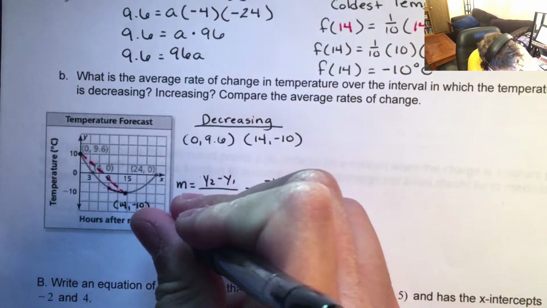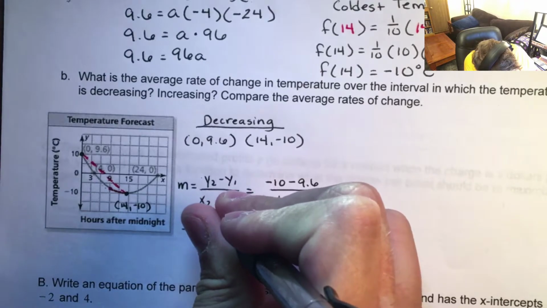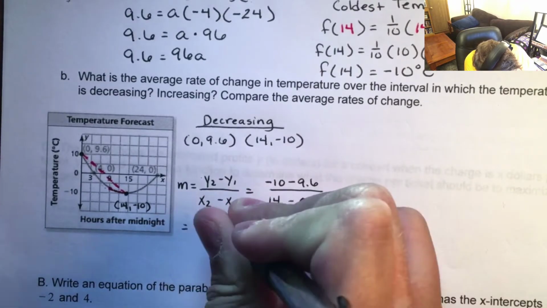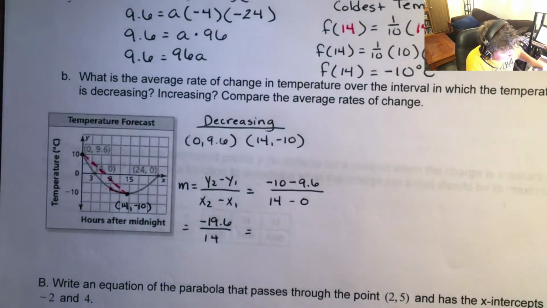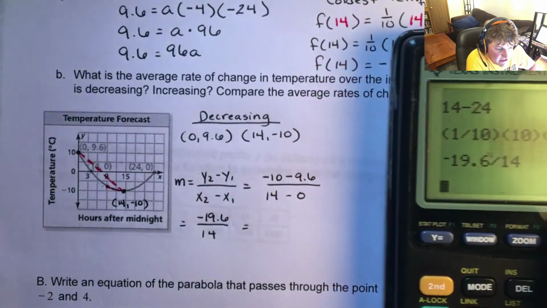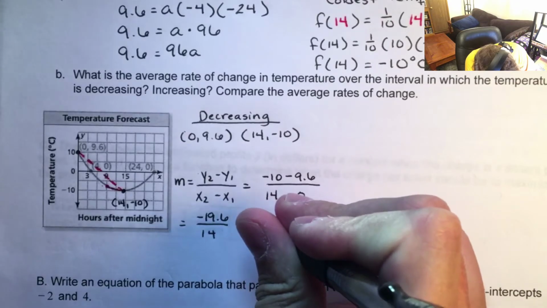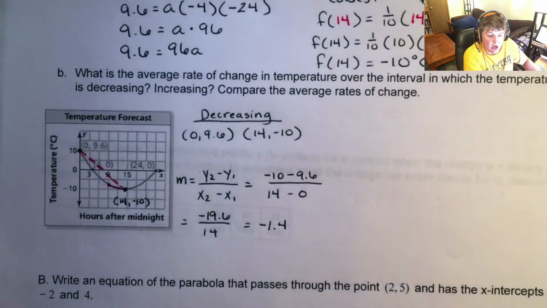So then this is going to be -10 minus 9.6, which is -19.6, over 14. -19.6 divided by 14 is -1.4. So let's talk about what this means.